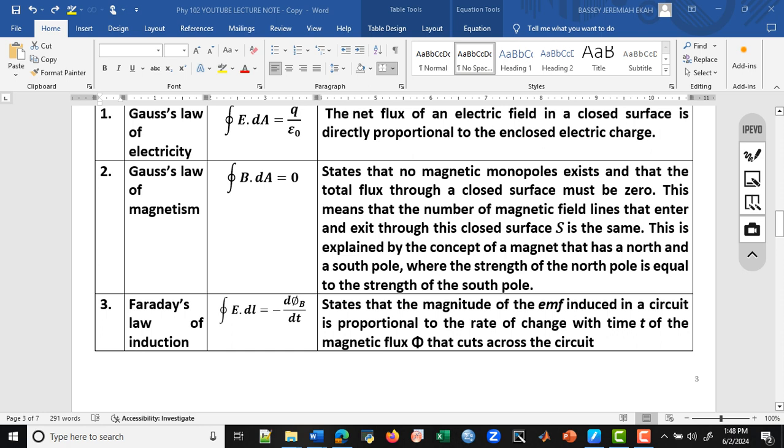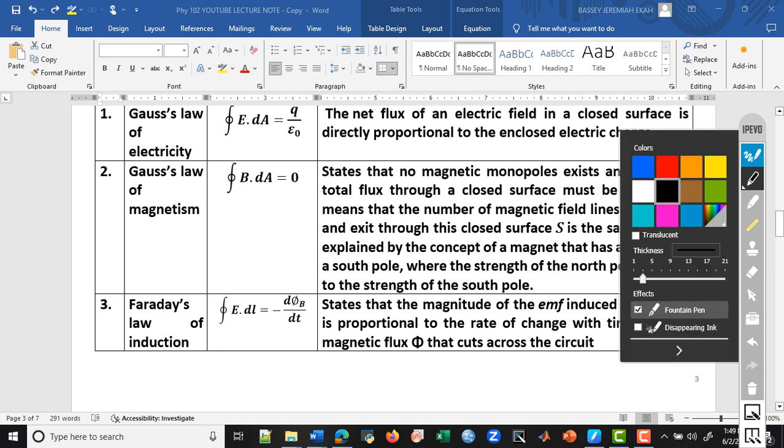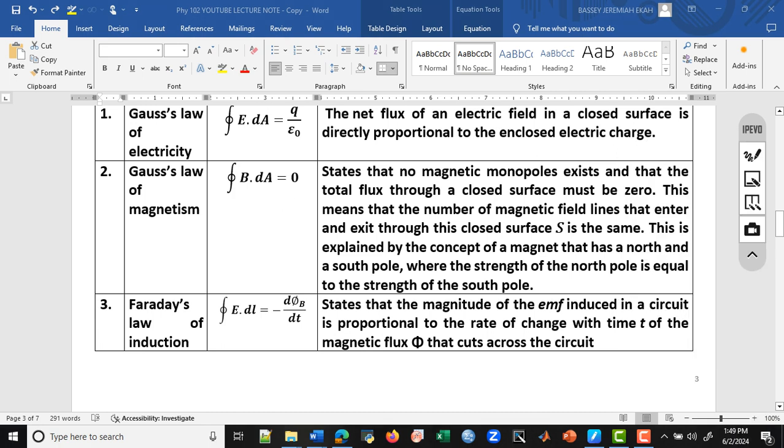You can see the statement being explained by the equation here. You see the surface integral of the field, which is a product of the area in consideration, and this equals zero.